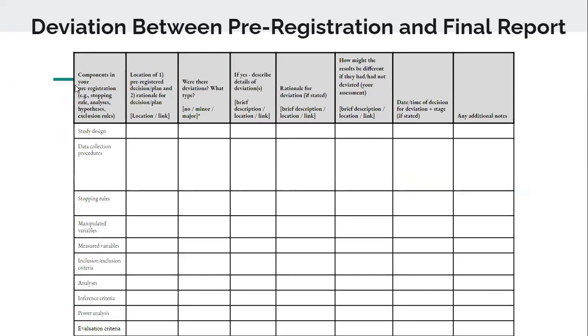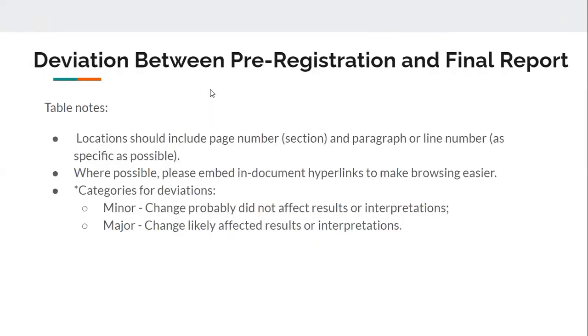So there are some components here. First, you should report the location of the pre-registered plan and the rationale. Pre-registered decision: state whether there were deviations, whether minor or major. So what does it mean by minor and major? Minor means that the changes probably did not affect results or interpretation.